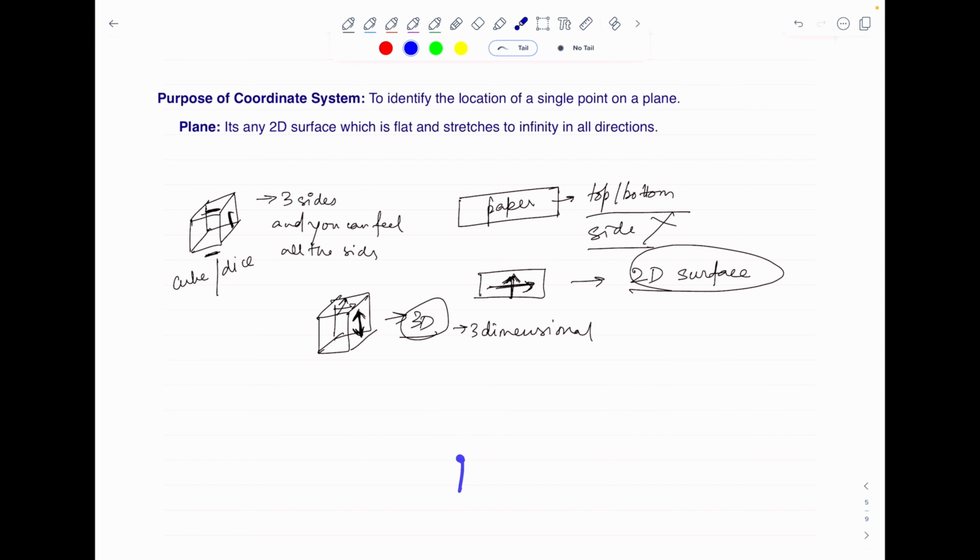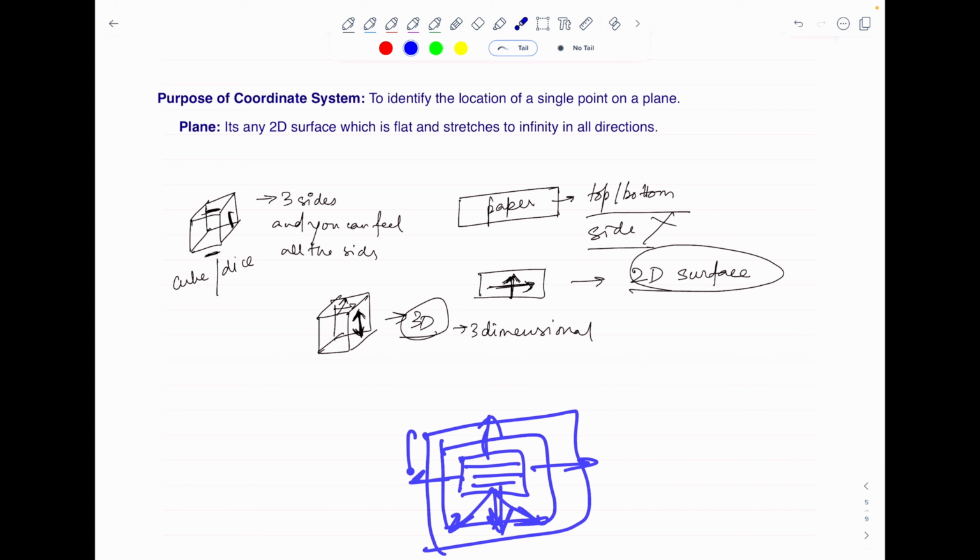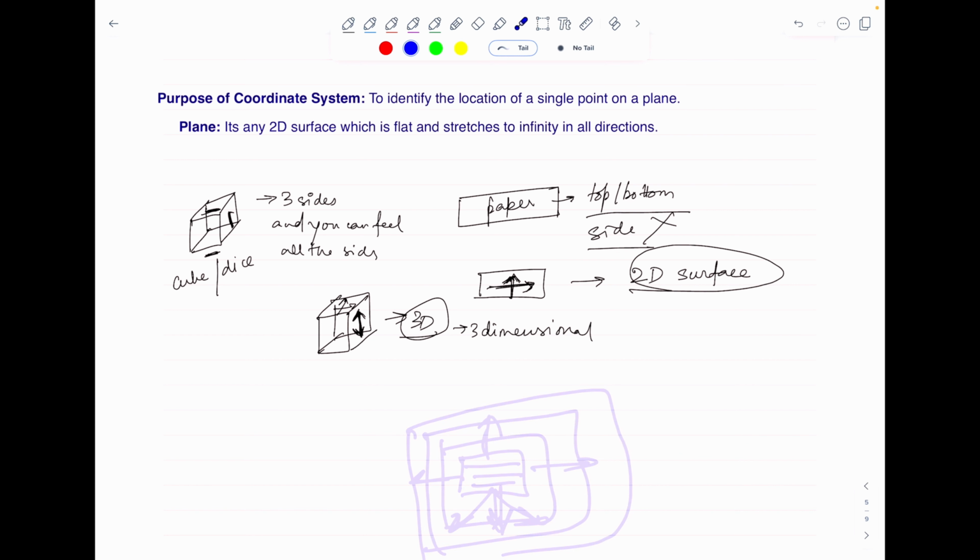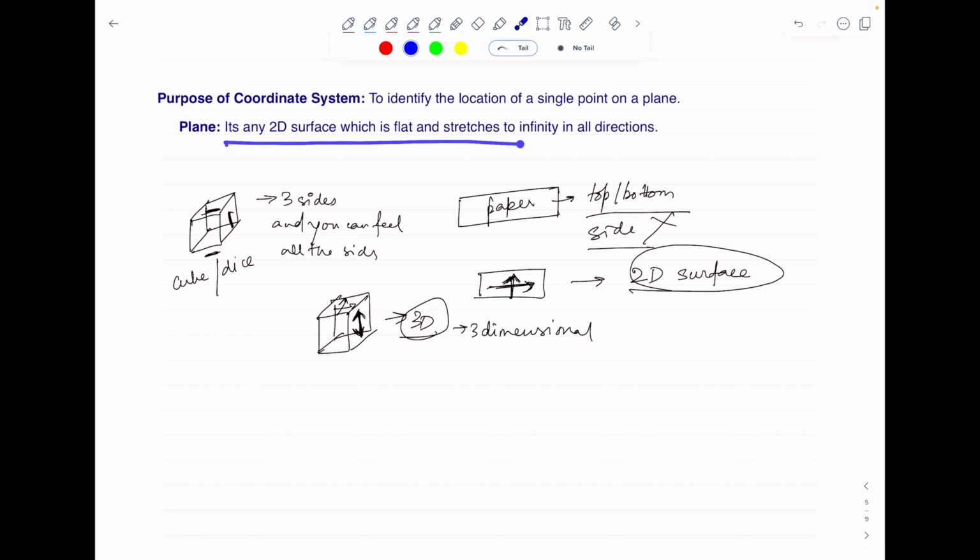But the plane on the piece of paper stretches to infinity in all directions, east, west, north, south, any direction. That plane exists in infinity, and it can stretch to any point.